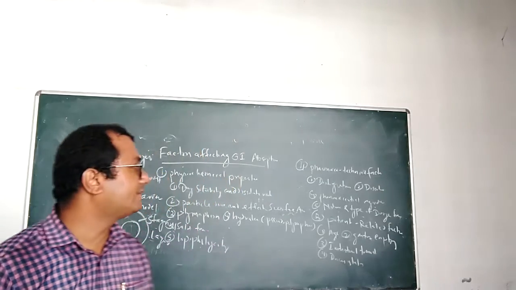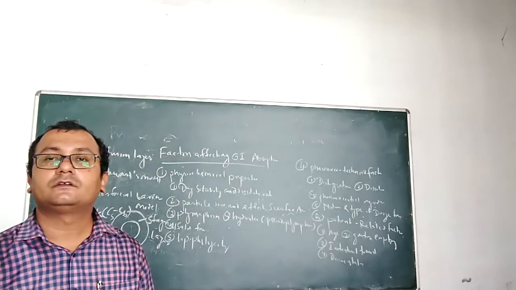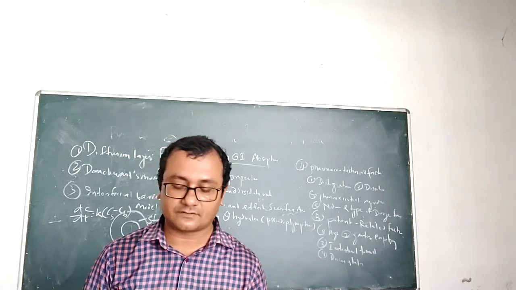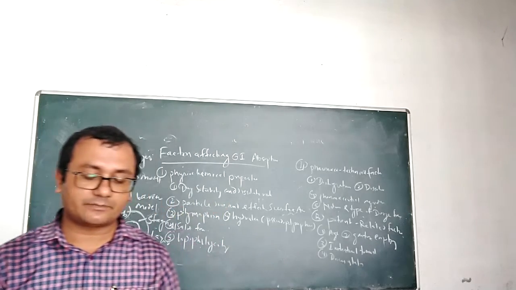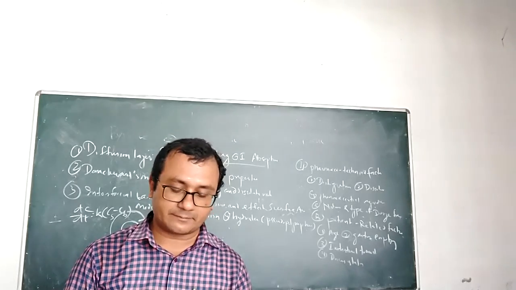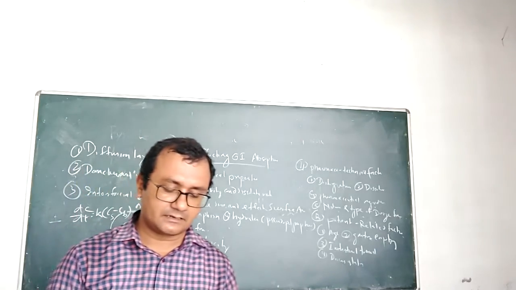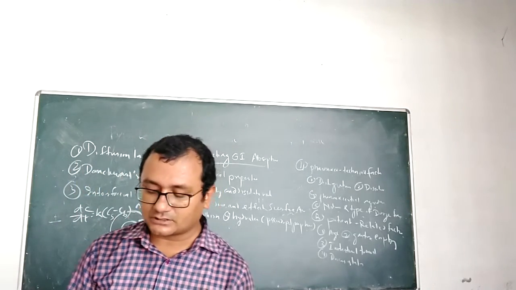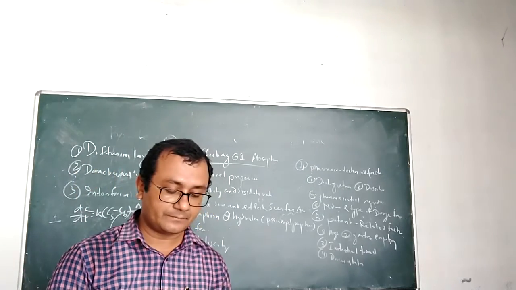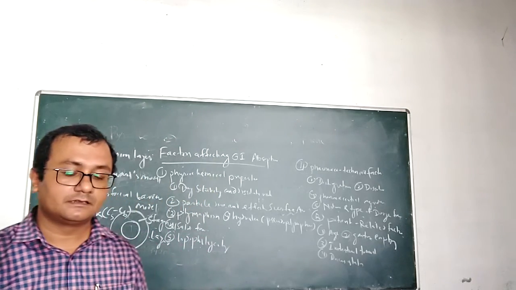Like that, different pharmaceutical ingredients also affect the dissolution or absorption of drugs. This is known as the formulation factor. We use different excipients, like vehicles: aqueous vehicles, non-aqueous water-miscible vehicles, and sometimes water-immiscible vehicles, where we use oils.